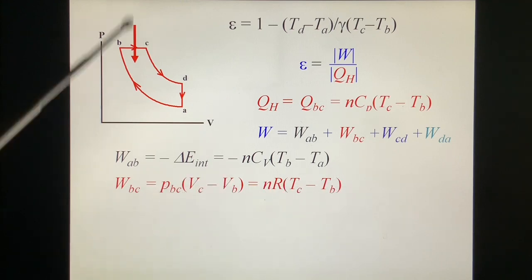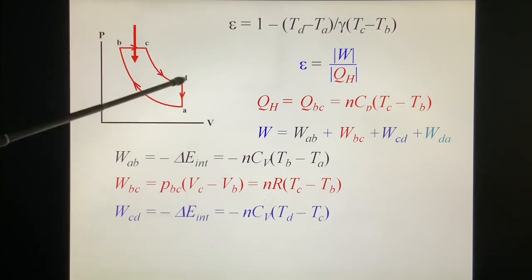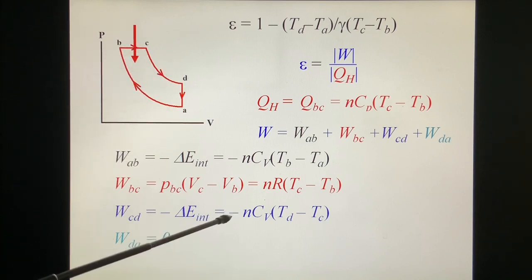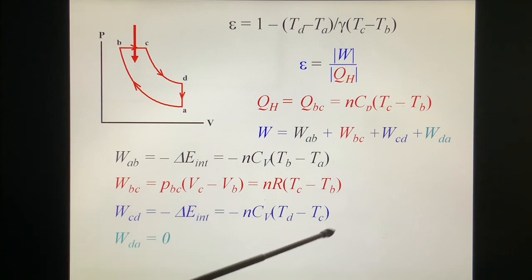Anyway, PB equals PC. But DA is a constant volume process, so WDA is 0. And for the adiabatic process, WCD equals minus N CV (TD minus TC).